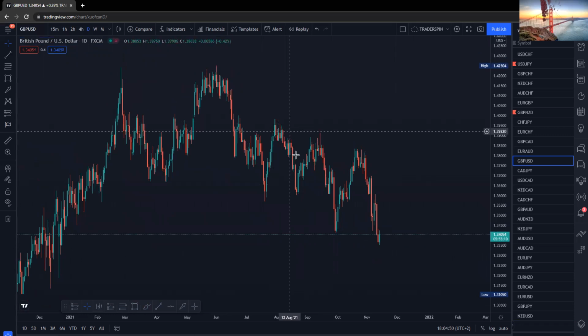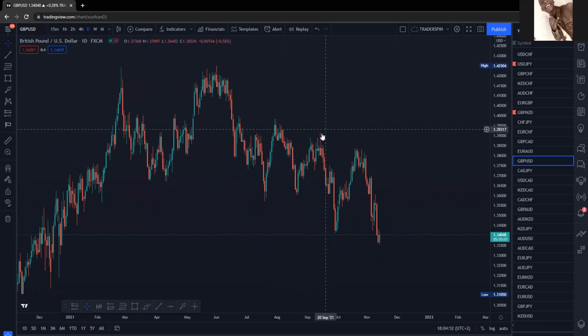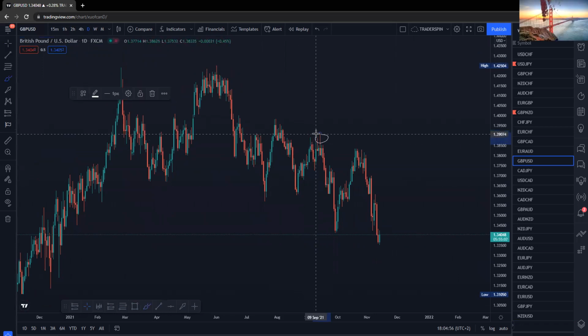Failed low, then a new lower. I understand your question. This is not going to be your high, bro. This is going to be your high.